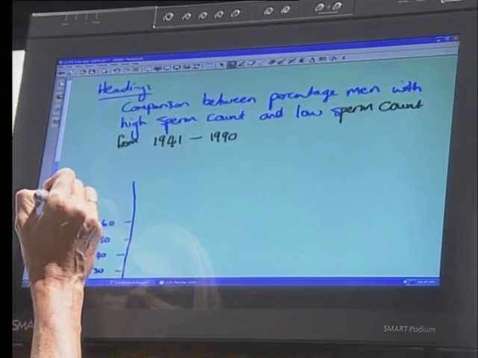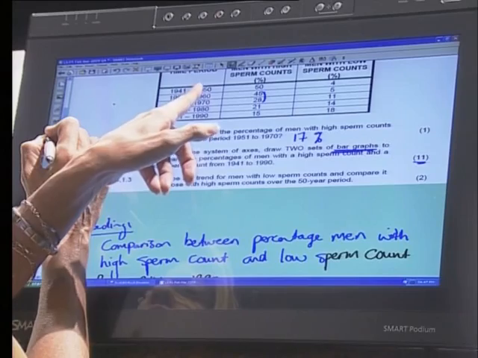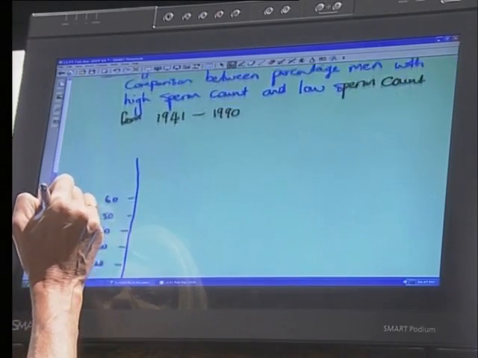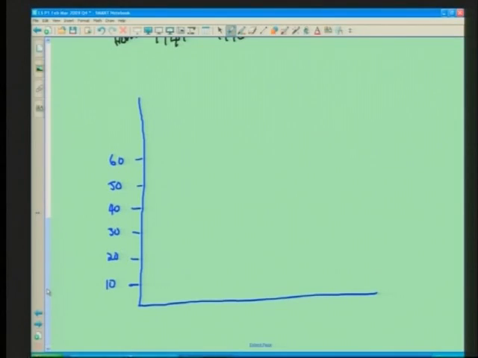All right? Now, something else, our years. We've got 1, 2, 3, 4, 5 groups of years. So we're going to put them down here. This to there. It's 1, 2, 3, 4, and 5. I've got the question next to me, so 1941 to 1950.